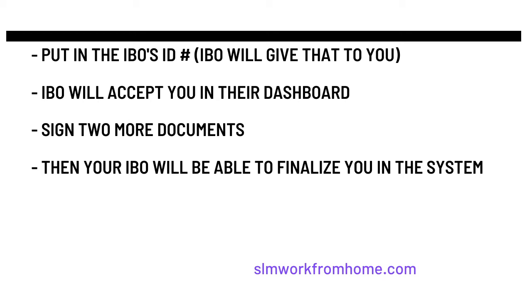So they'll be able to see your name. And then once they accept you back there, you're going to log back in, and there's 2 more documents that you sign to get you going on your process. Once you sign those documents, your IBO will be able to see that you signed those documents and finalize you in the system.